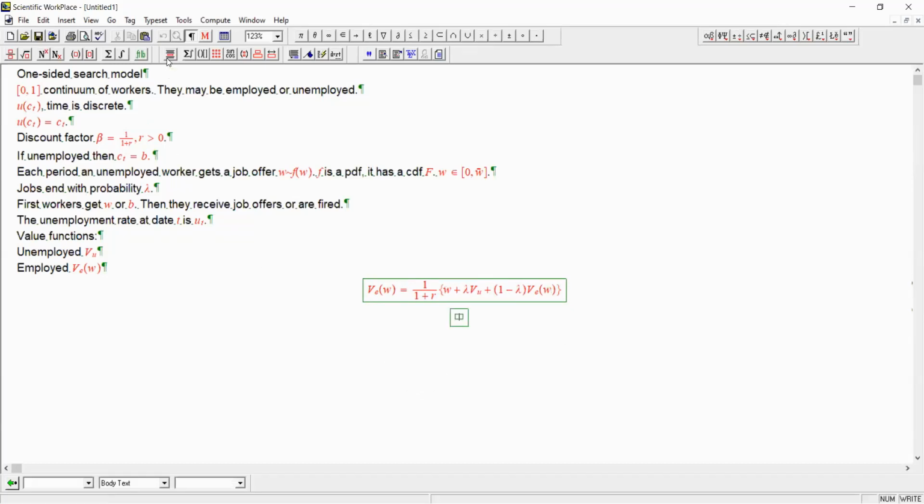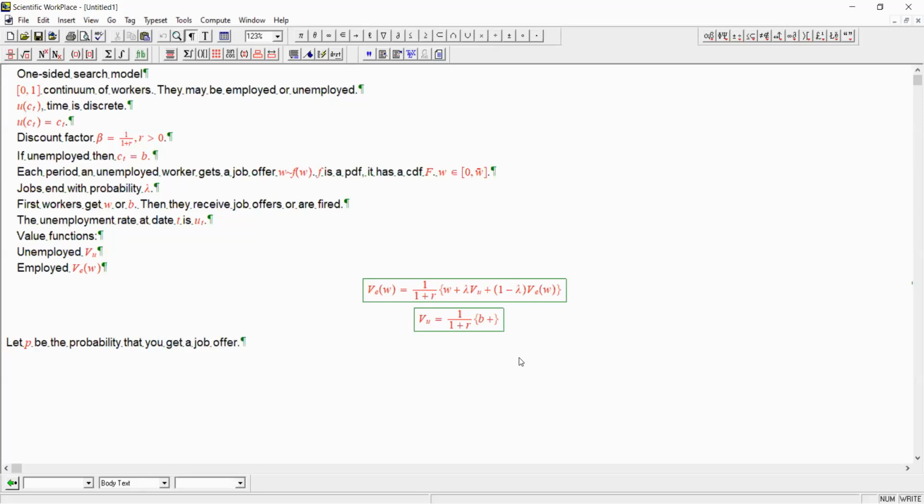What about if we're unemployed? If we're unemployed, we have VU, in which case, again, we're measuring the value function just before you've gone to bed. So the first thing you get is your benefit tomorrow, which is discounted, plus, and here we're going to need some notation. Let P be the probability that you get a job offer.